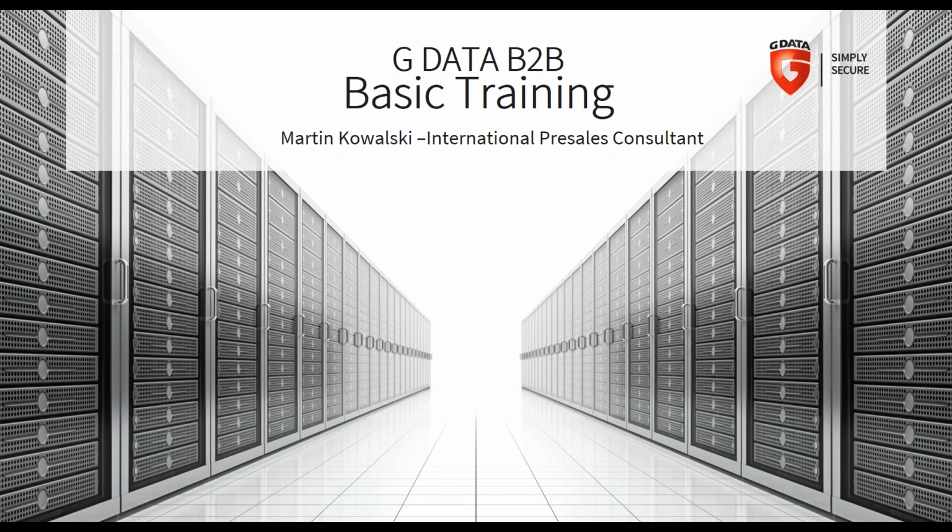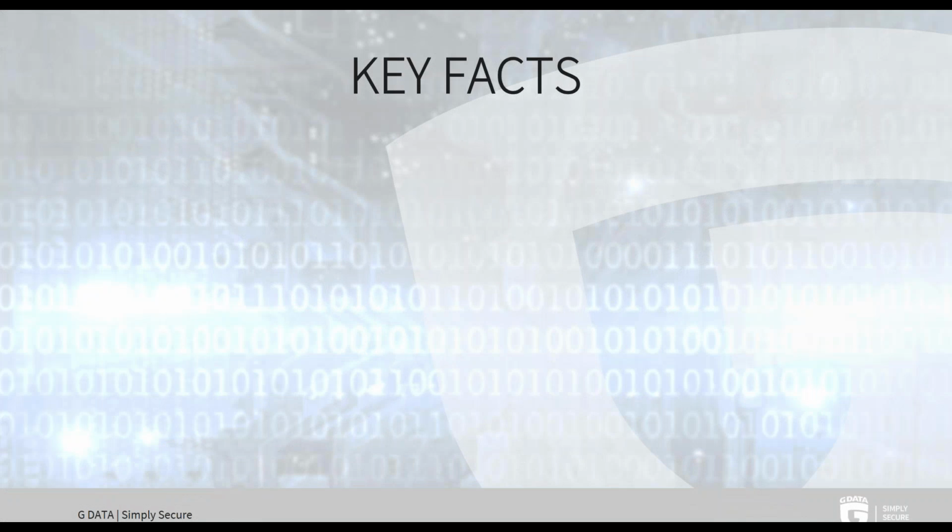Okay. I'm going to start right away with a few key facts regarding GData. I know some of you are maybe not so familiar with our company. I'm going to keep it short and simple, so I won't bore you with that. Our software company was established in 1985.